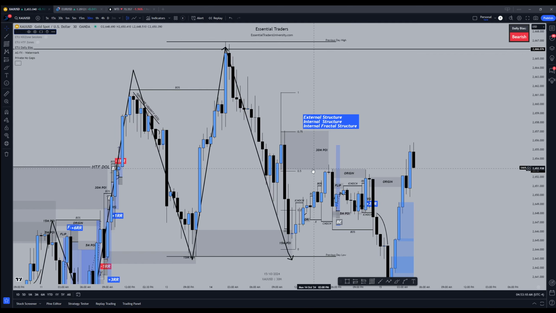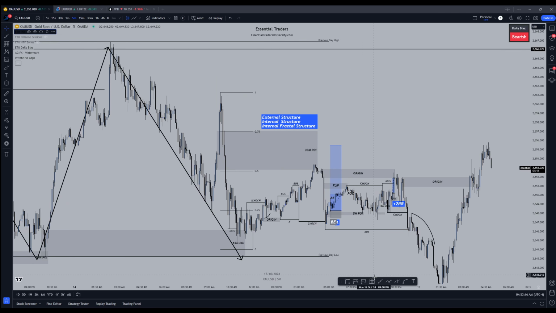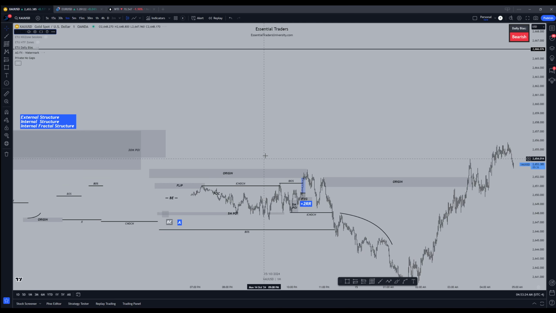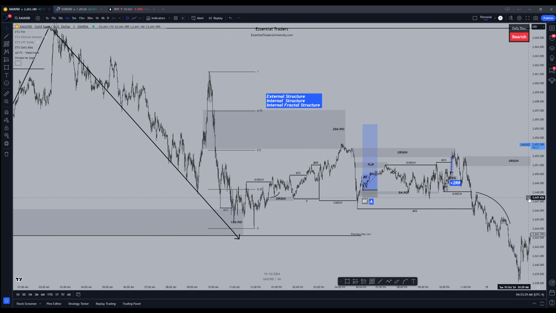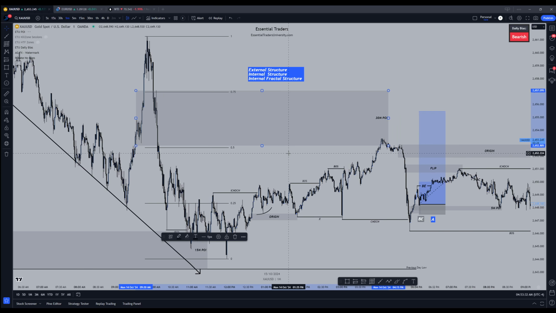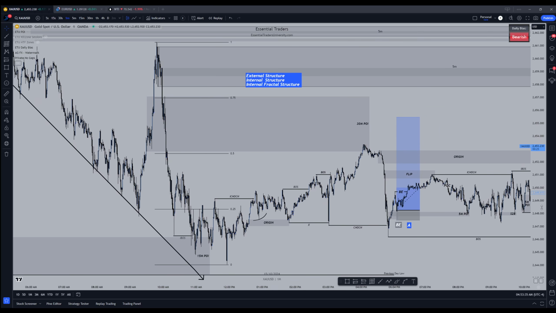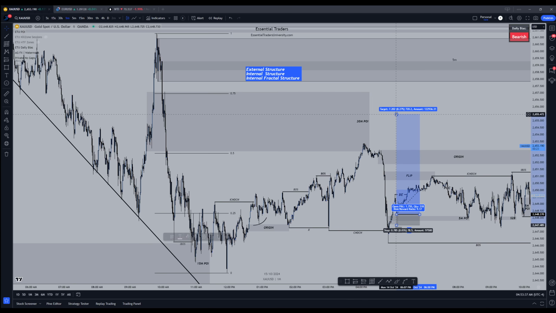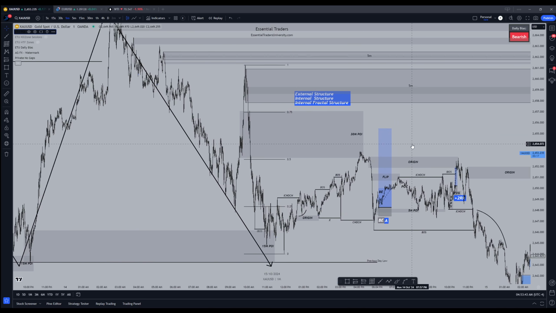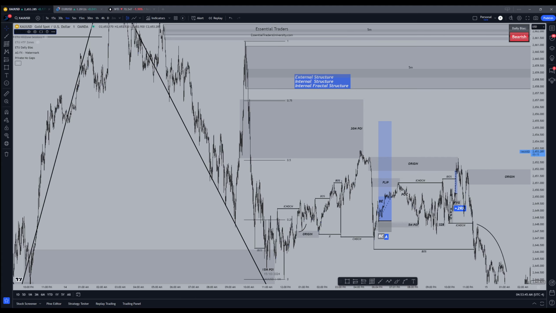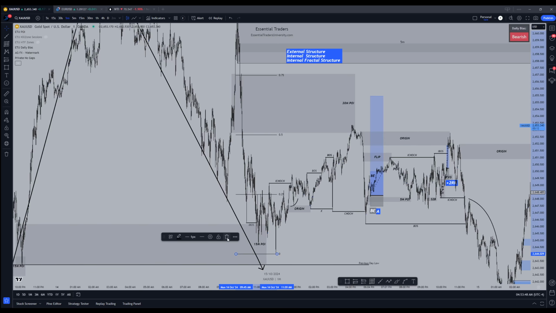And on the higher time frame, I failed to notice this 30-minute supply right here. The reason why I was still thinking higher was because if I was refining this, I still see a 5-minute unmitigated here. This 30-minute PD array is too big for me, right? It's way too big. So refining it, I would still expect price to go higher, but price doesn't always do what you want it to do, and that's why we need to adapt, right? Typically, it would go higher, but price had a different objective here in terms of delivery, and we just have to be okay accepting the randomness of outcomes in the market.